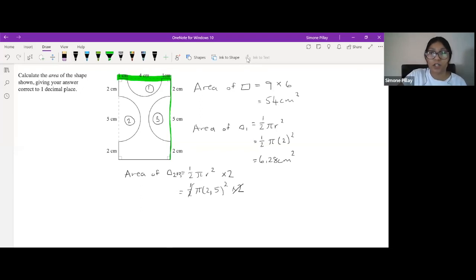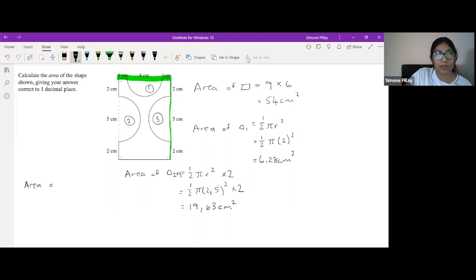But just put it in your calculator. Tell me what your answer is. Give me a second. 19,63 centimeters squared. Okay. And now my last step.